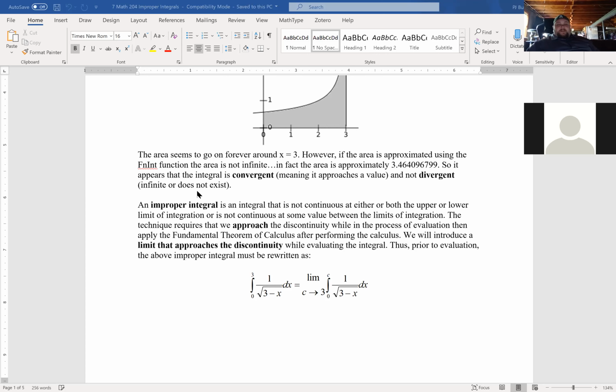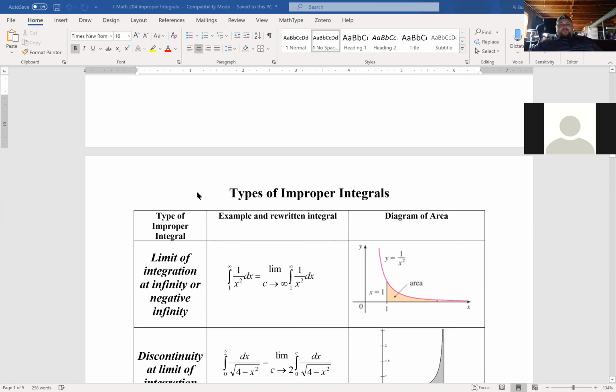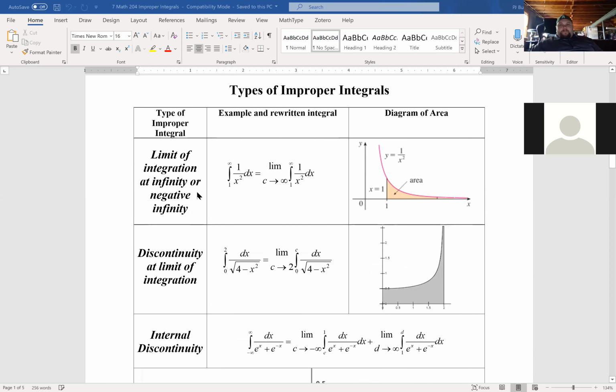Does not exist is going to, one of these problems will come out as, and it basically means that we have some relationship of infinities that we can't describe. They don't mean anything to us. Infinity is a very strange quantity.